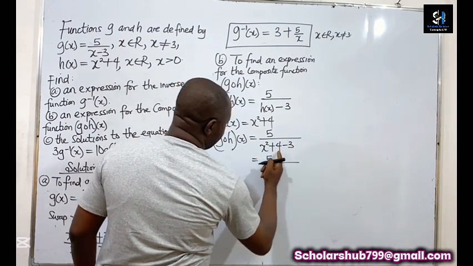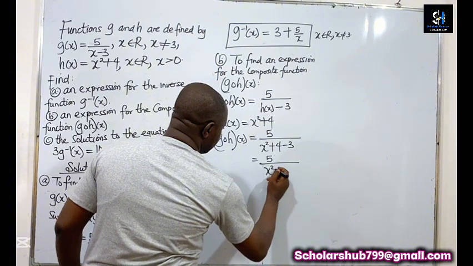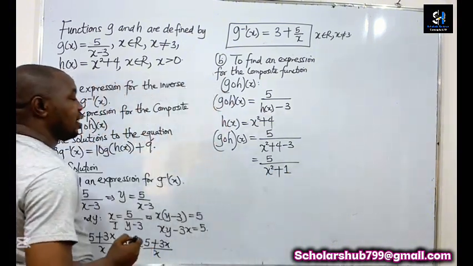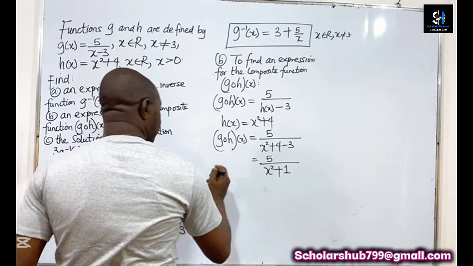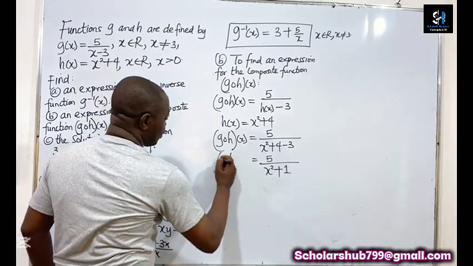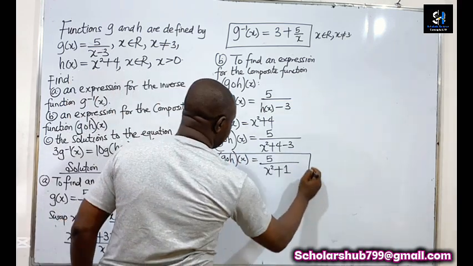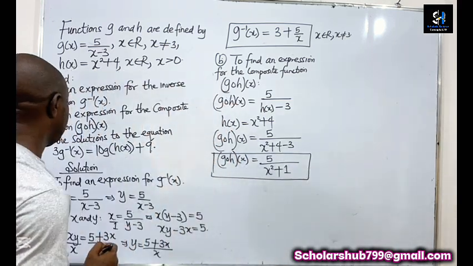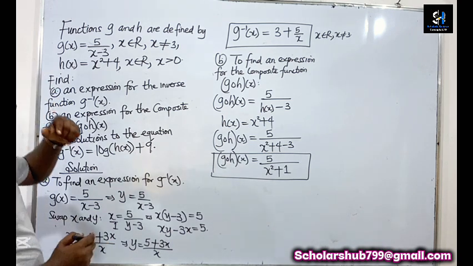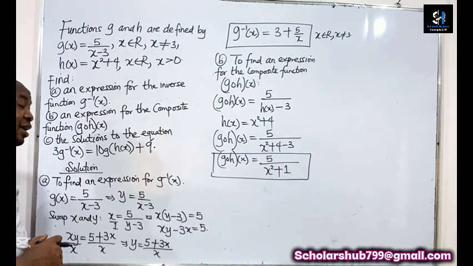This will be 5 over x squared plus 1, since 4 minus 3 is 1. Okay, so this is the expression for the composite function gh of x.